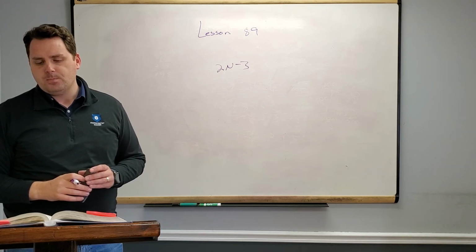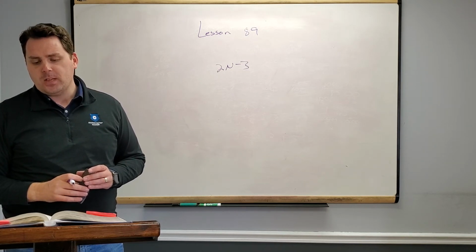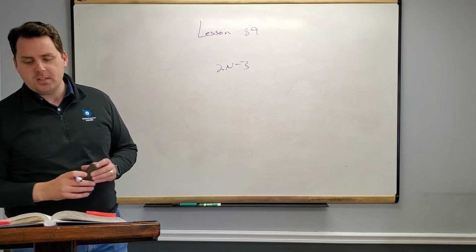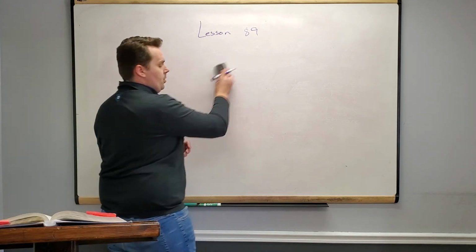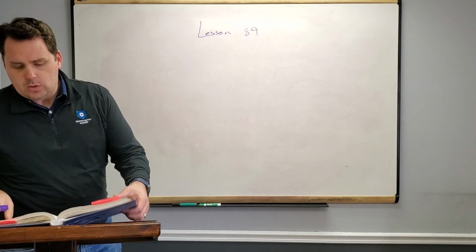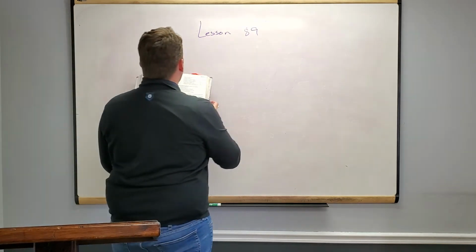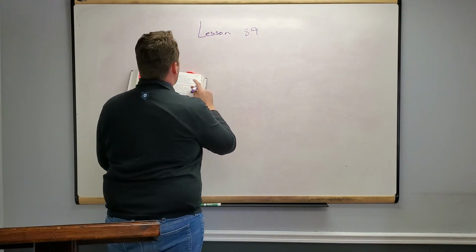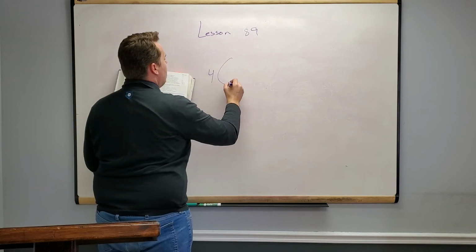4 times the sum of twice a number and negative 3. Okay? So, 4 times the sum. So I want to do 4 times something else.